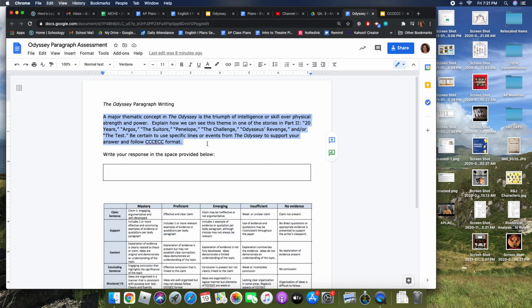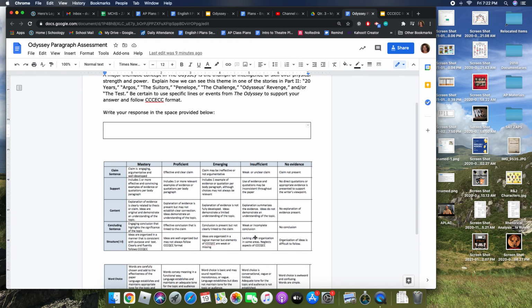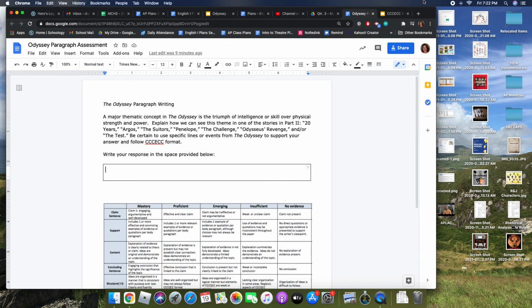And you want to use specific lines or events from that story to support your answer, following the CCCECC format, and explaining basically why you think that story is the best one to show that. All right, so you're going to write your answer right here in the space provided. You'll find this on Schoology. And this is how you're going to be graded. Good luck, and take the rest of the class to write your response.